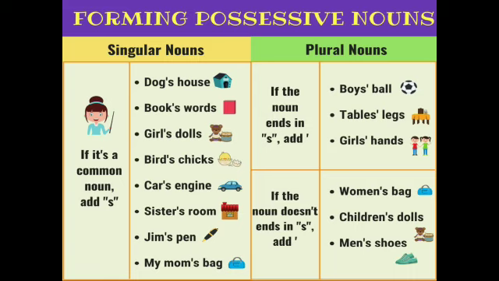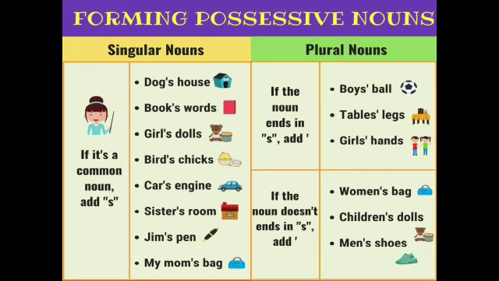If the word is ending with s, if the last letter of that word is s, we only have to use an apostrophe, not apostrophe s. Like boys' ball, tables' leg, girls' hands. Okay, these words all have s at the end, so that's why we have added only an apostrophe there.